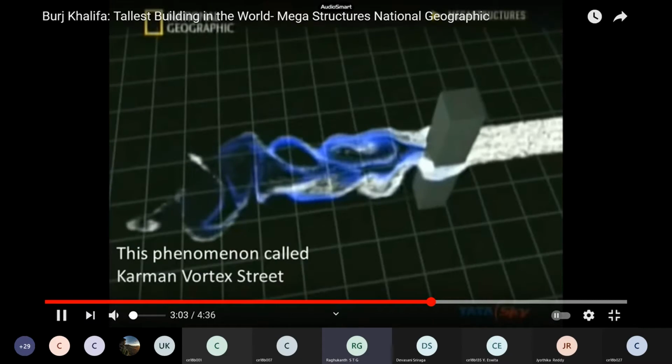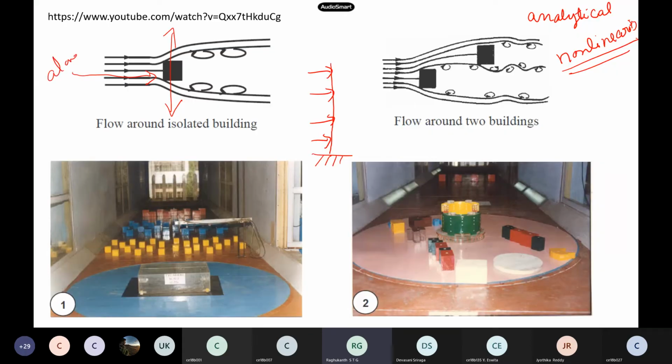It is vibrating in both directions. Whether it is vibrating parallel or perpendicular is the question. This is a nice video which tells you how the building is vibrating. When wind is blowing like this, in which direction was the building vibrating? The load is acting in this direction, but it was vibrating in this direction also. You followed, right? This is what they call along-wind response, and across-wind response also.